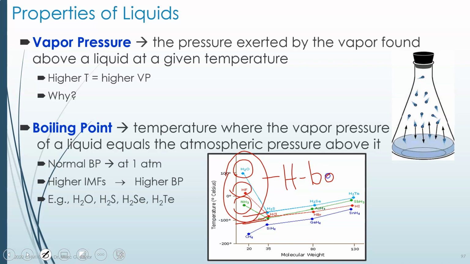And we abbreviate hydrogen bonds frequently by calling them H bonds. That's a very common way to say hydrogen bond. Spell it out if you're writing a test, but if you said H bond, that would be perfectly acceptable. So these values pop up higher.